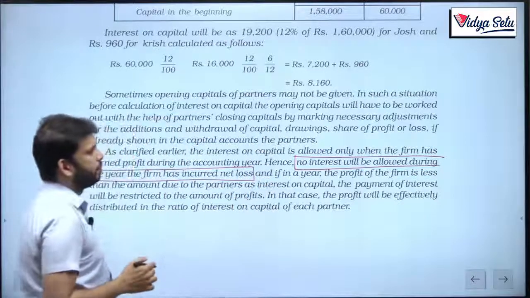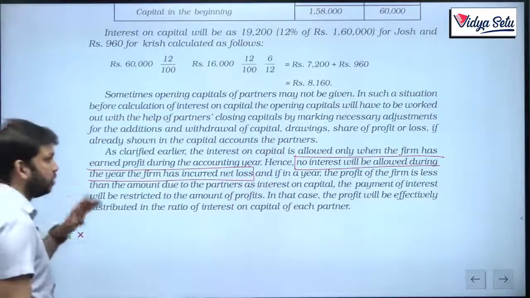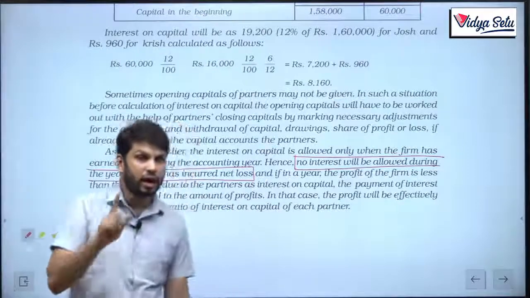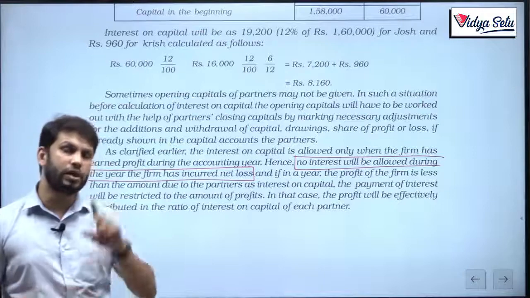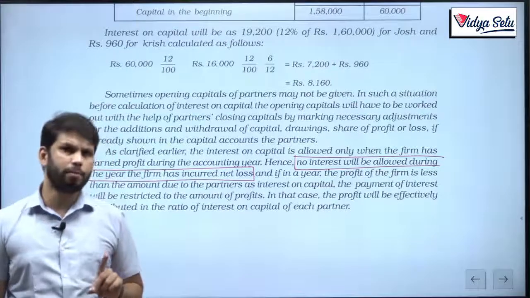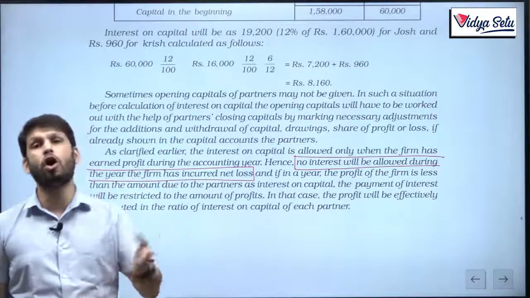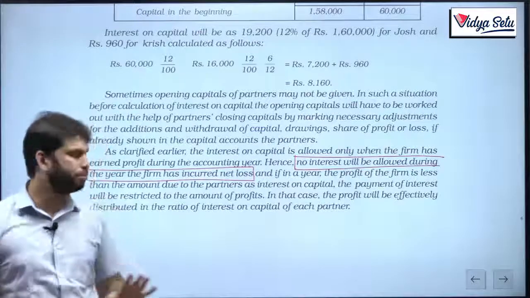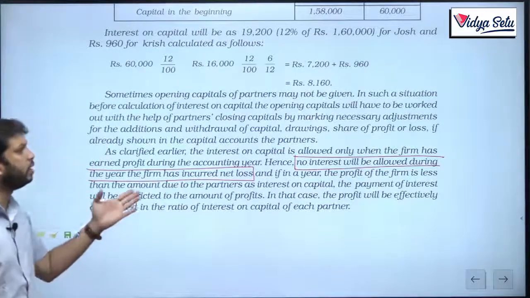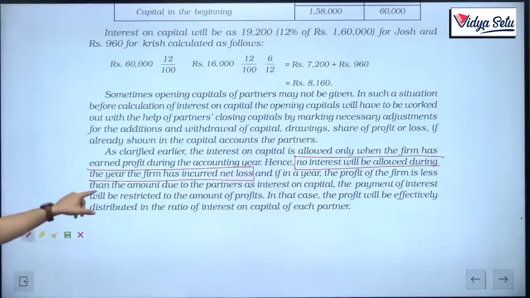If there are losses, there is no question of providing interest on capital. But if there is profit, and the profit is not at par with the interest, that means the profit is there, but it is less. The profit of the firm is less than the amount due to partners as interest on capital.